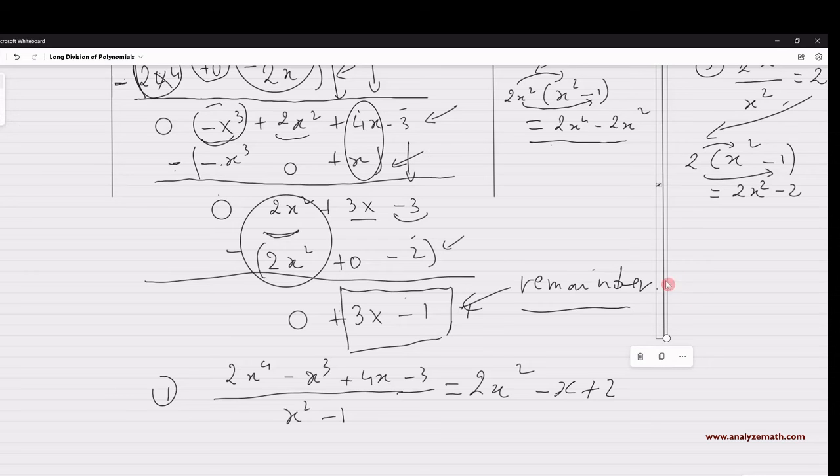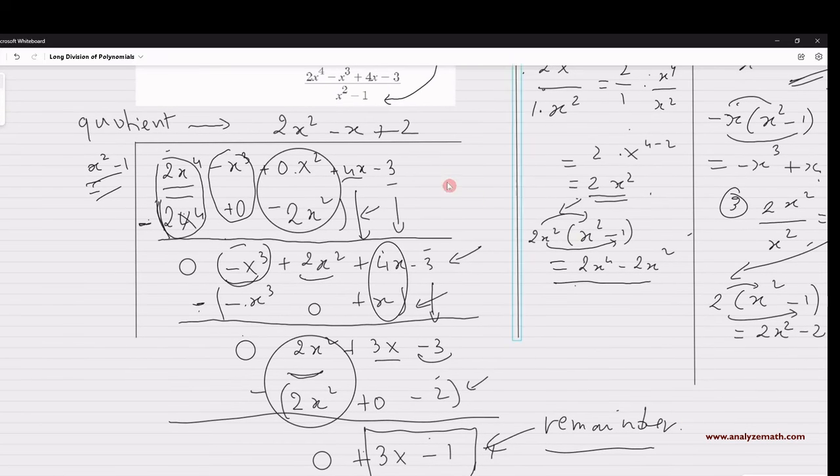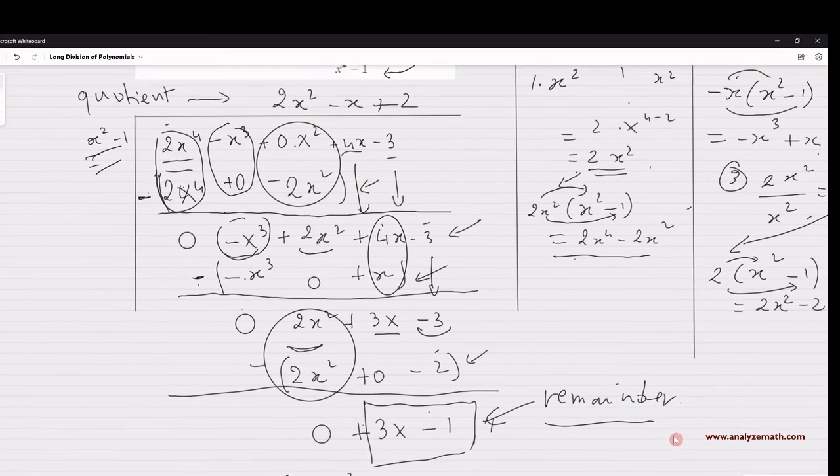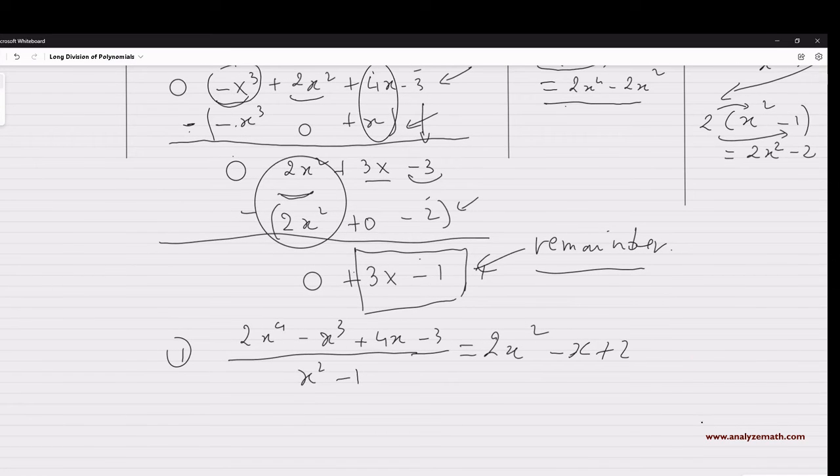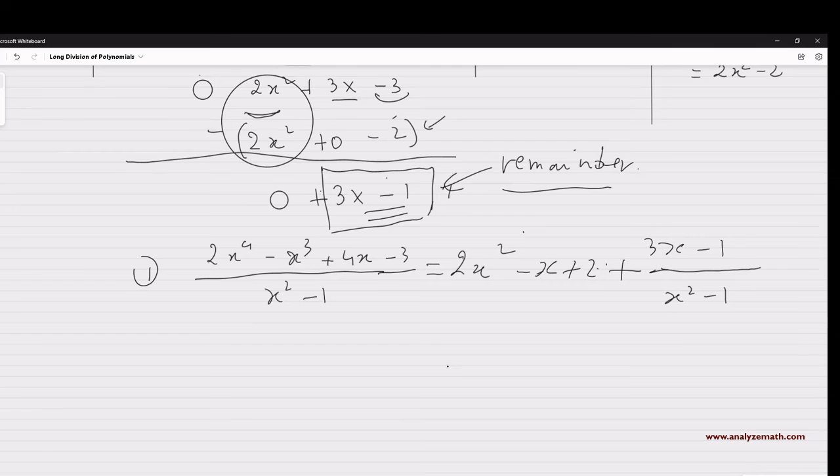Plus we put the remainder here. Remember, this is the remainder, 3x minus 1. And then here we put the divisor. So this is one way to write the division.